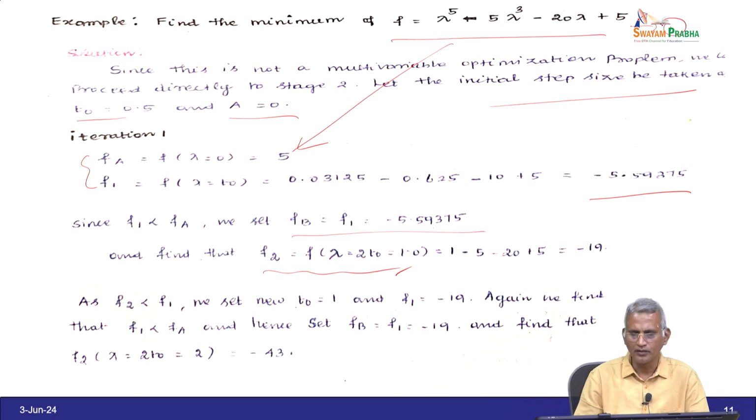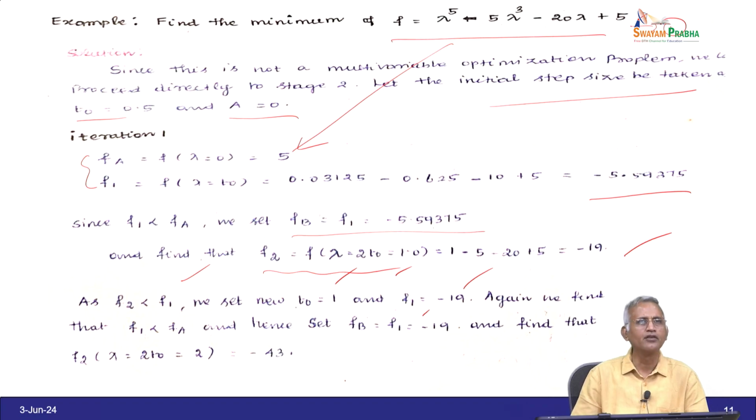Therefore, it becomes 1 minus 5 minus 20 plus 5 equal to minus 19. Now compare f2 and f1. f2 is less than f1, therefore set new t naught equal to 1 and f1 equal to minus 19. Again we compare f1 and fa. f1 is less than fa, therefore set fb equal to f1 equal to minus 19.